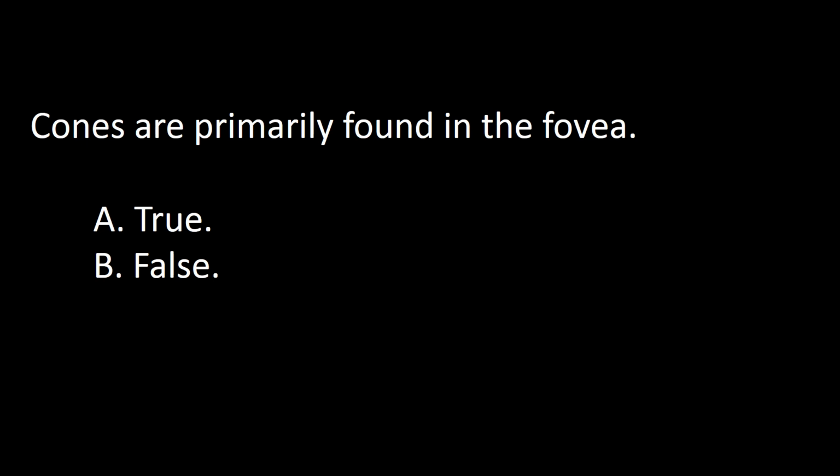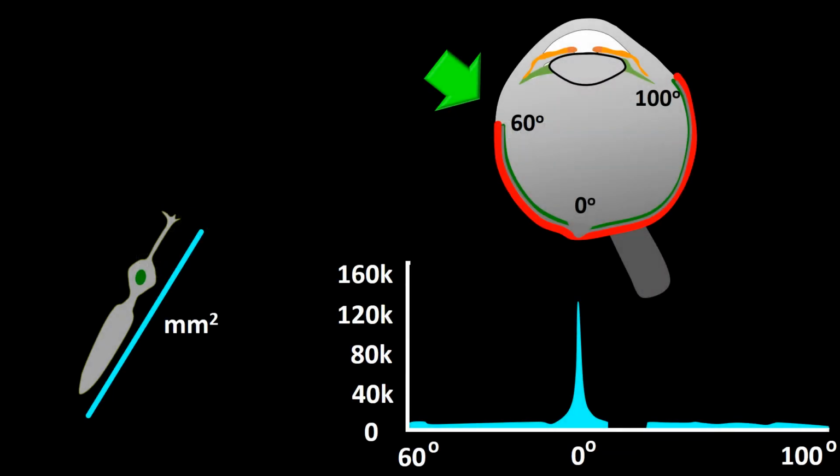Next question. Cones are primarily found in the fovea. A, true. B, false. This structure represents a horizontal cut of the eyeball through the equator. The structure indicated now by the arrow represents cones per square millimeter.